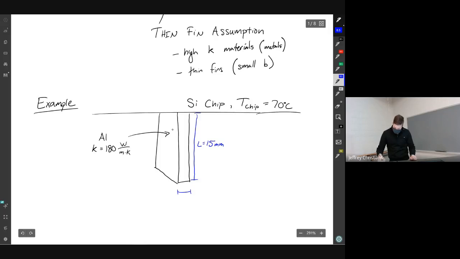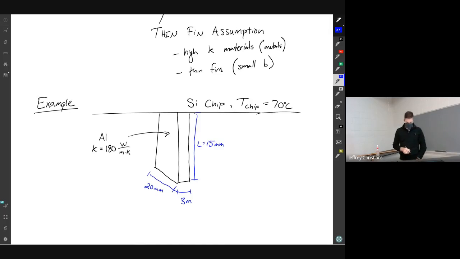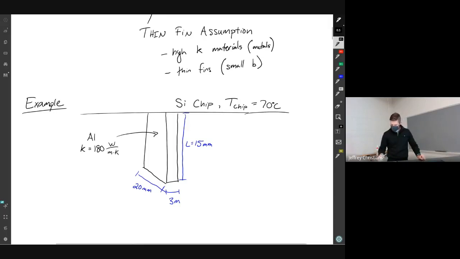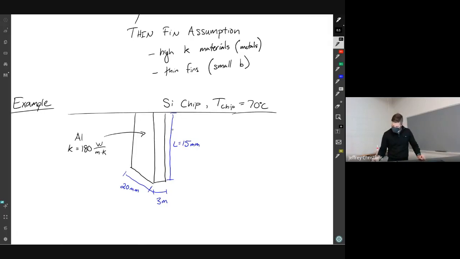It's 3 millimeters thick and 20 millimeters wide. Okay, well, we can put axes on the problem. So we'll put the origin at the base, call that the x direction, down the length of the fin.